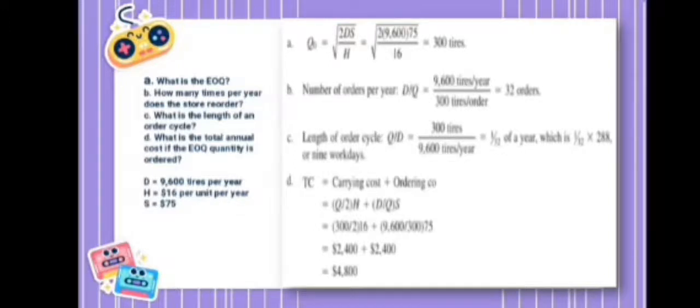TC, or total annual cost, is equal to carrying cost plus ordering cost, which is equal to Q over 2 times H plus D over Q times S, which is equal to 300 over 2 times 16 plus 9,600 over 300 times 75, which is equal to 2,400 US dollars plus 2,400 US dollars, which is equal to 4,800 US dollars. So that is our total annual cost.